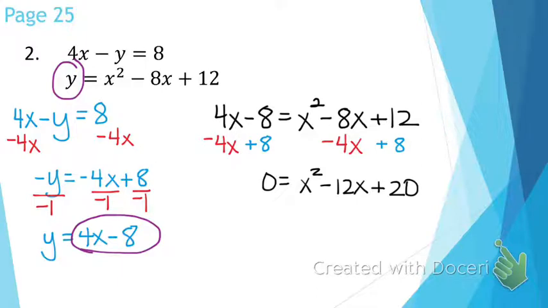So what we need to do is find two numbers that multiply to be 20 and add to negative 12.